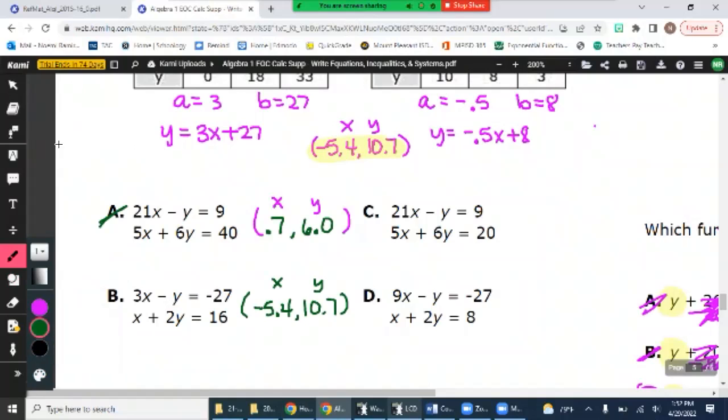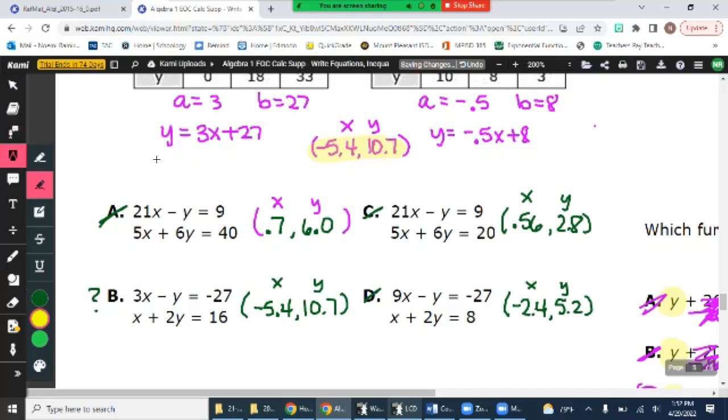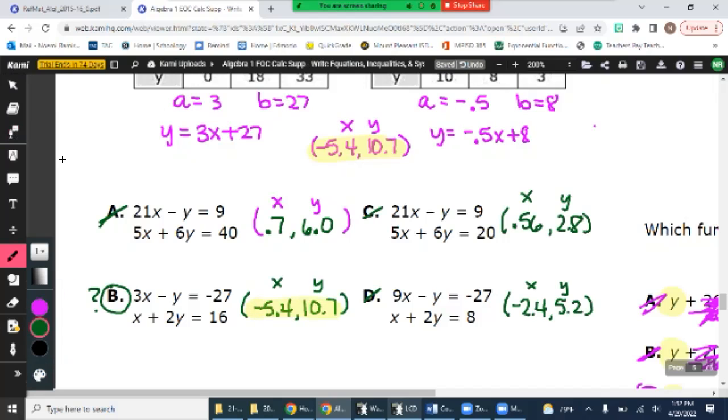Put a little question mark for maybe, even though I can clearly see that they're the same numbers. Next, 0.56, 2.8. I can go ahead and eliminate C, and then D, negative 2.4 and 5.2. So I can eliminate D. So notice how B matches up with the other point of intersection.